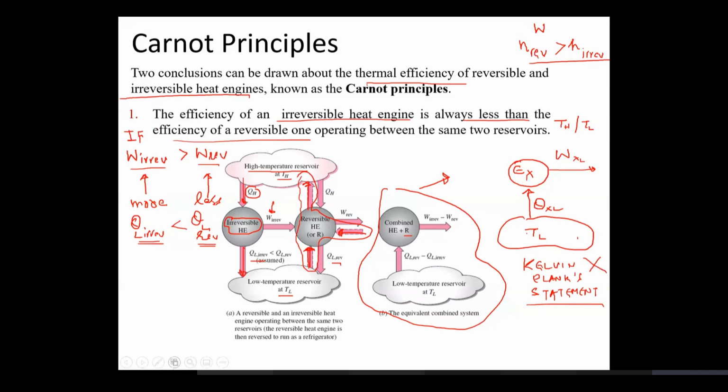This means the initial assumption that the work irreversible is greater than the work reversible is not correct. That means the reversible work would be more than, or at least equal to, the irreversible work for engines operating between the same two reservoirs. Is this point clear to you?